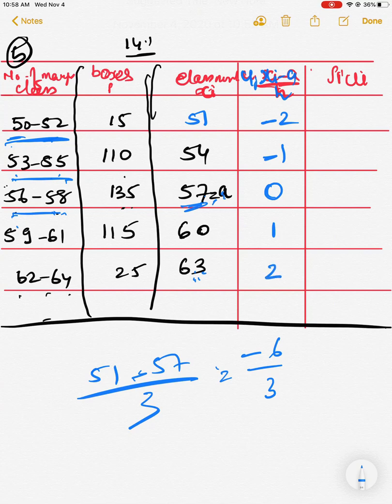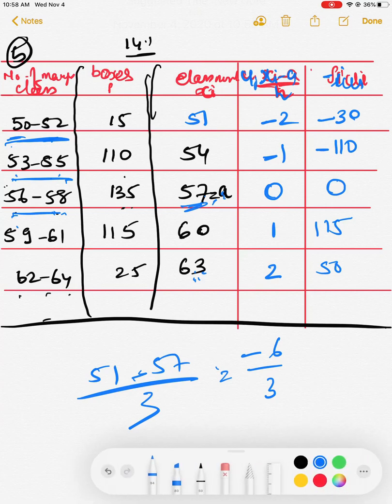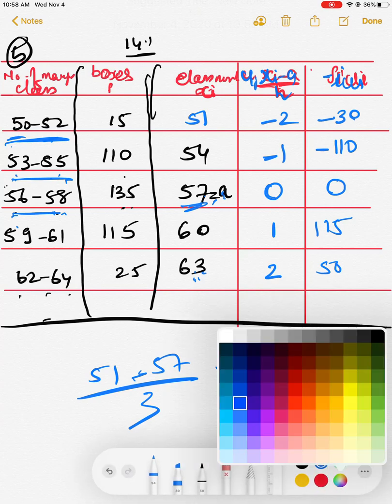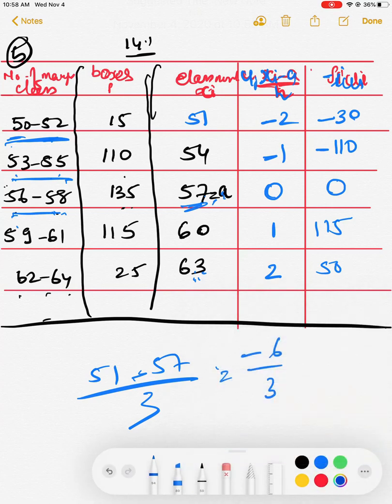Now multiply fi with ui. 15 into minus 2 is minus 30. 110 into minus 1 is minus 110. 135 into 0 is 0. 115 into 1 is 115. 25 into 2 is 50. Now what do we have to do?